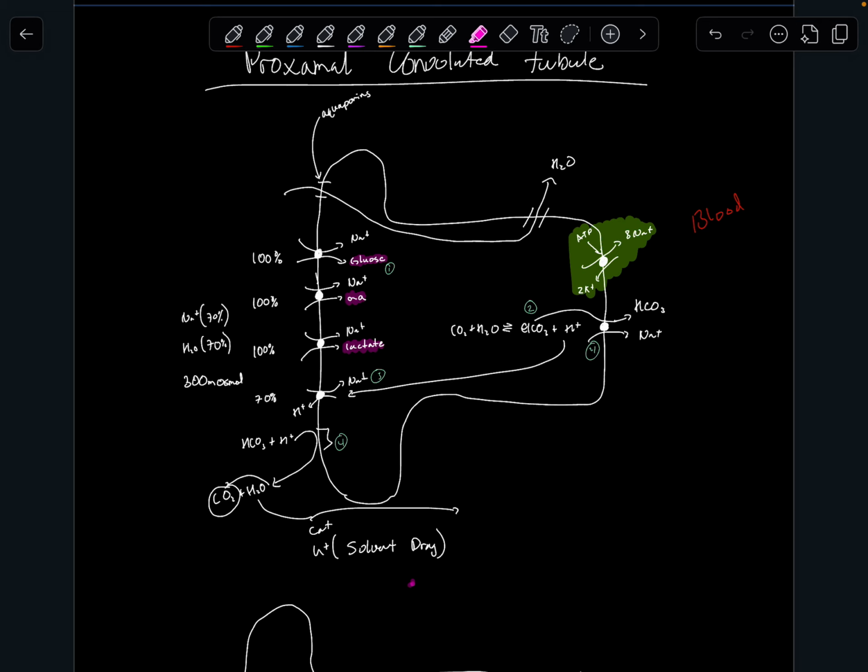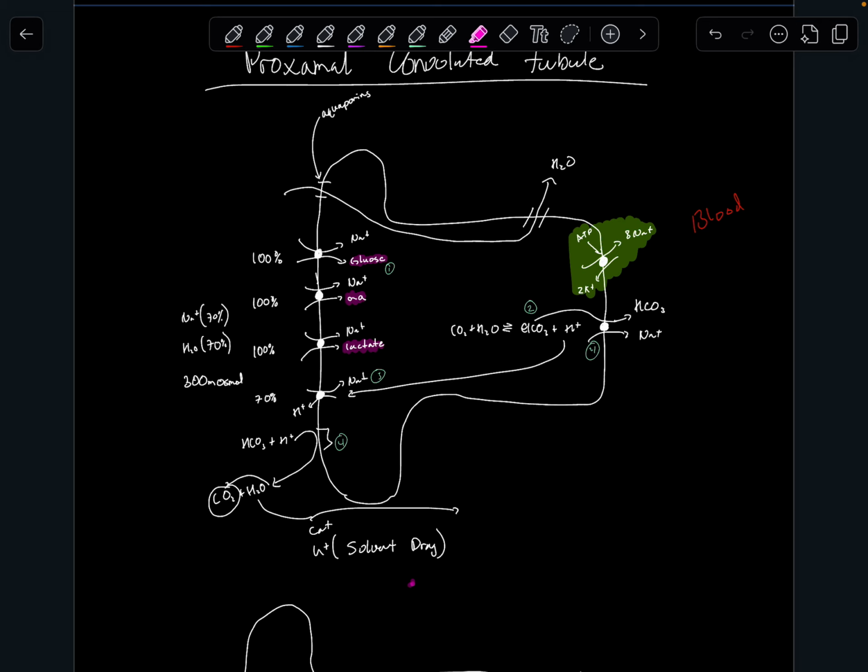Okay, now we're going to talk about reabsorption in the tubules. So in the proximal convoluted tubule, we have a lot going on. Basically, the biggest thing to focus on is that sodium is reabsorbed by active transport through this sodium-potassium ATPase pump. Now, by doing so, we're actually creating a very strong gradient, allowing for a couple things to pass through.